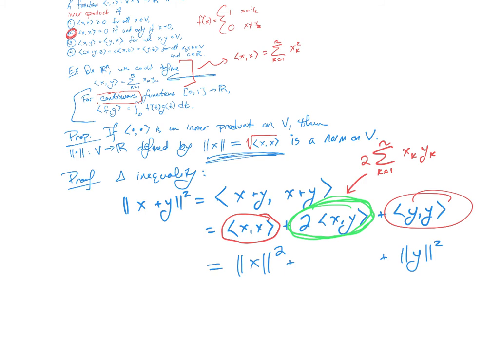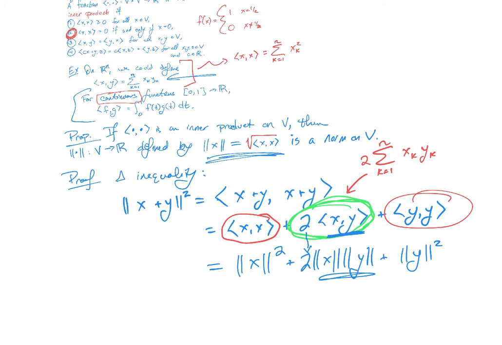Okay. So you might remember, back at the beginning of the semester, there was actually an exercise on this. For this, we can use the Cauchy-Schwarz inequality. It tells us that the dot product of x with y is at most the product of their 2 norms.